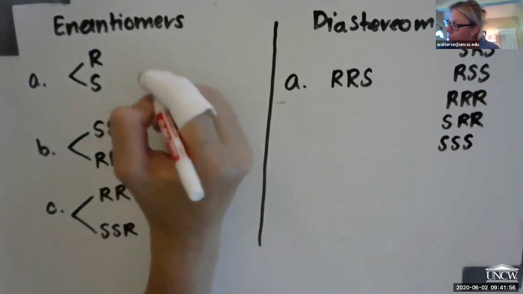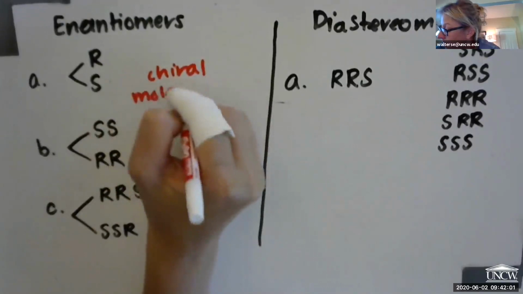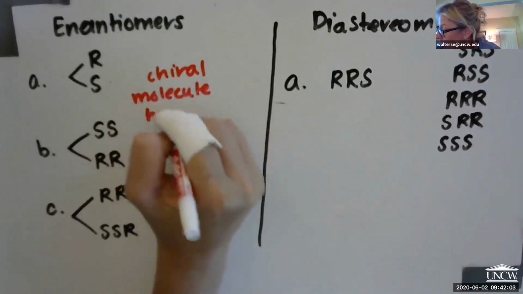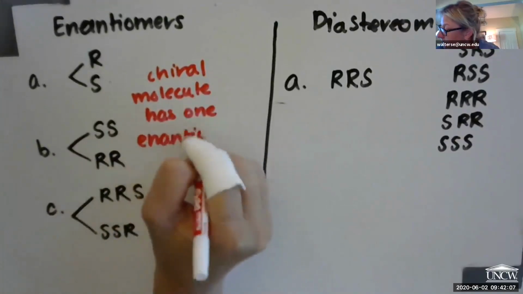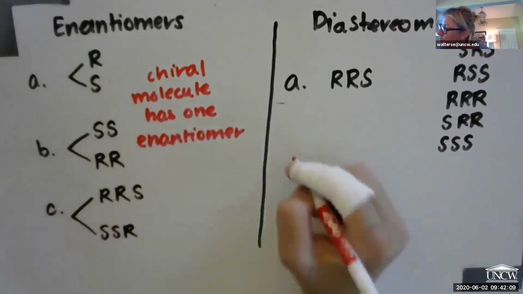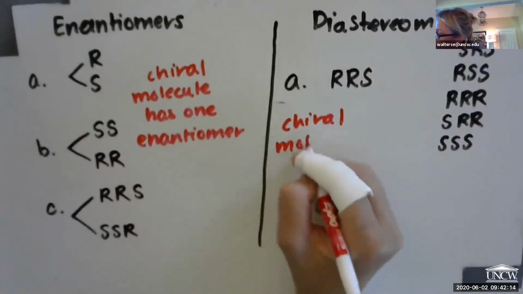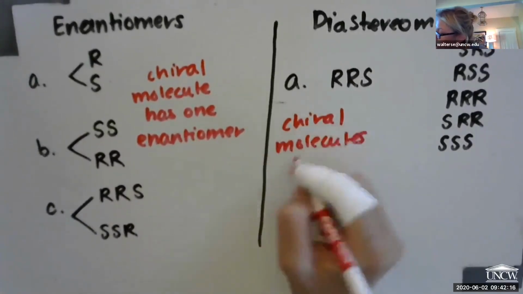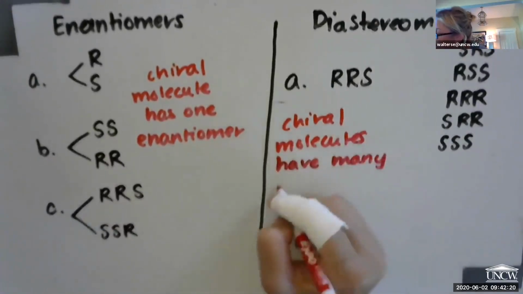Okay, so a chiral molecule has one enantiomer. Chiral molecules have many diastereomers.